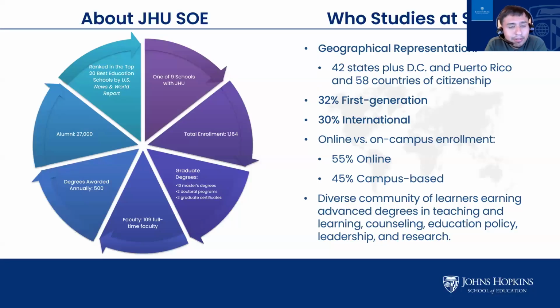A little breakdown to give folks an idea of what the School of Education looks like. You'll see that pie graph with some really good numbers. We have students here at the School of Ed from 42 different states, including DC and Puerto Rico, and as I mentioned, we are a global university, with students in our graduate and certificate programs from over 58 different countries. 32% are first-gen students, which is always a really good number to see for our graduate programs, and we're also 30% international.